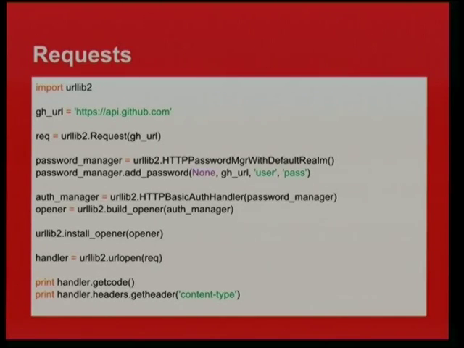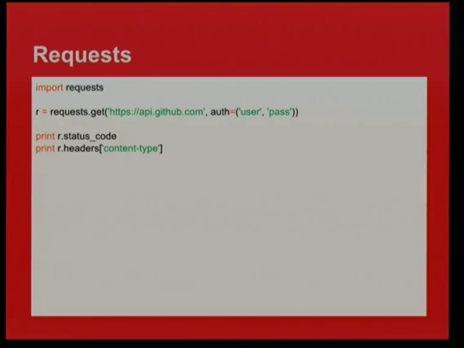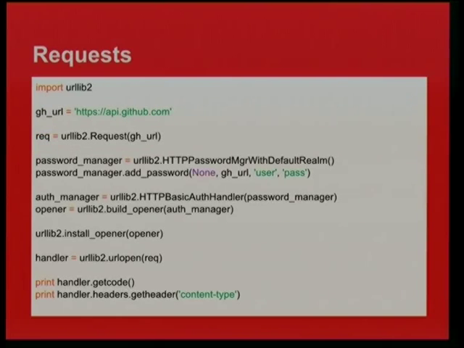So this is what a urllib2 RESTful request to GitHub looks like. It's not very nice and pretty verbose. And this is what it looks like with requests. The difference is astounding, I think. So when you're going to go and set up these microservices and talk to them, you don't want this big overhead of going and setting it up.